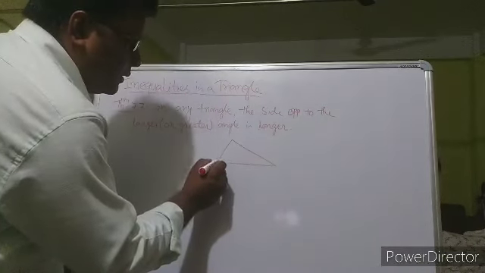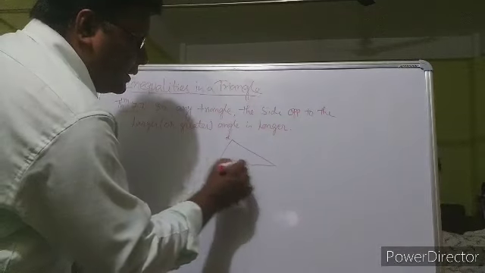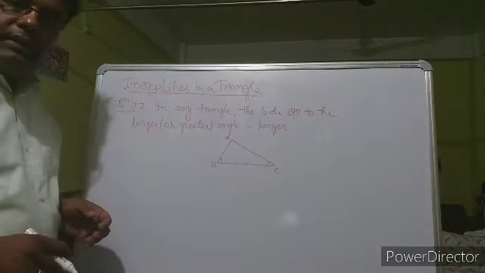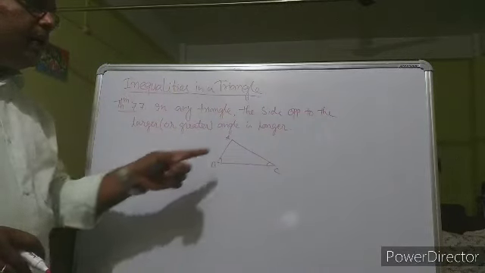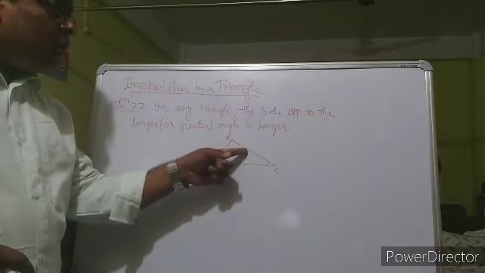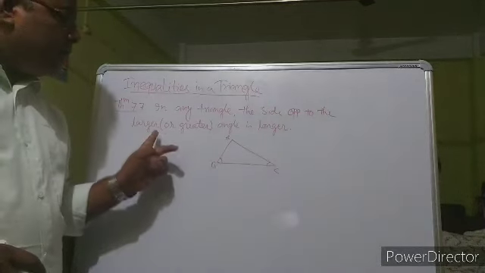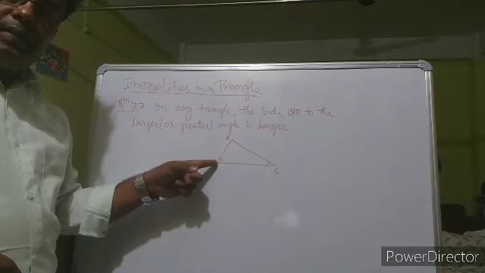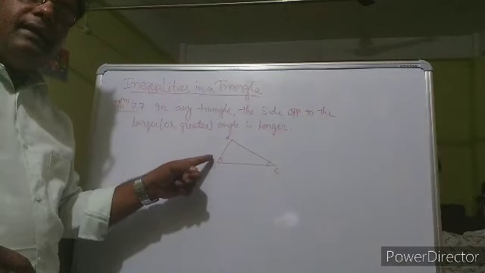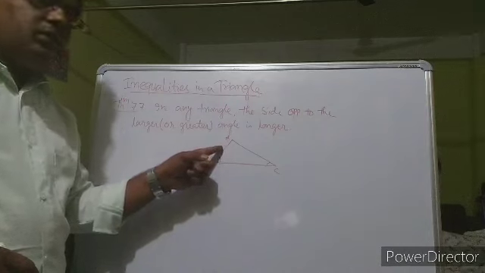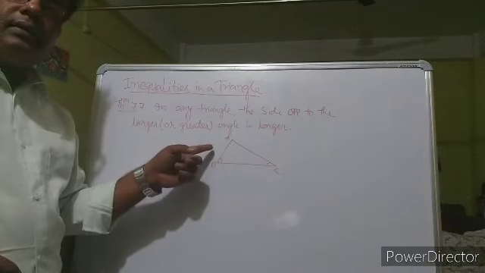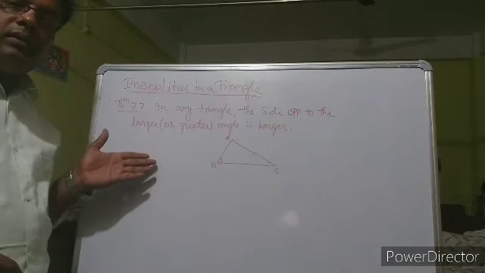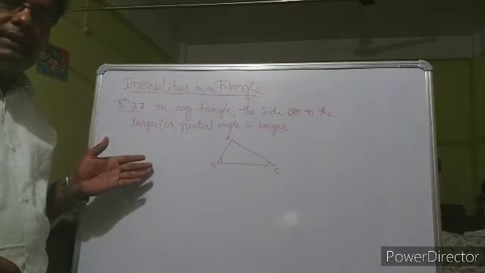Here in triangle ABC, suppose angle B is greater than angle C. That means the side AC, opposite to the larger angle B, is longer than the side opposite to the smaller angle. So this is directly opposite to theorem 7.6.